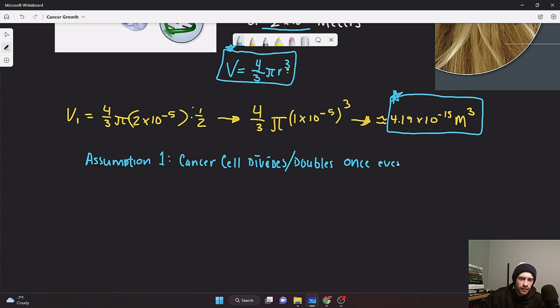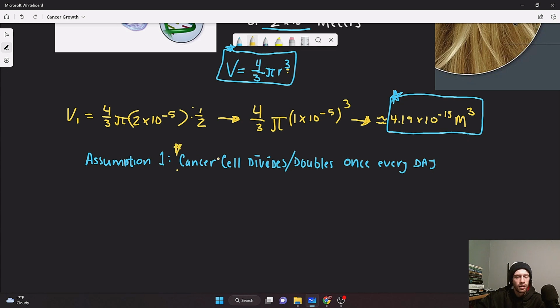And again, every cancer is different. Each cancer cell could divide more than once a day, less than once a day. It really all depends. But on average, we could say that a cancer cell, again, depending on the type of cancer, will double once every day.